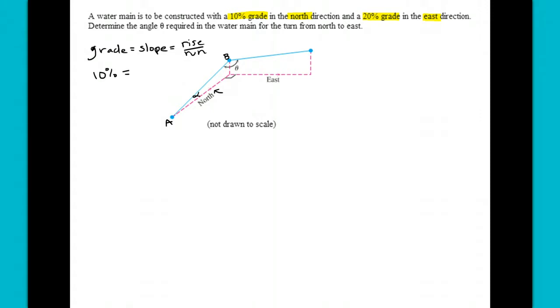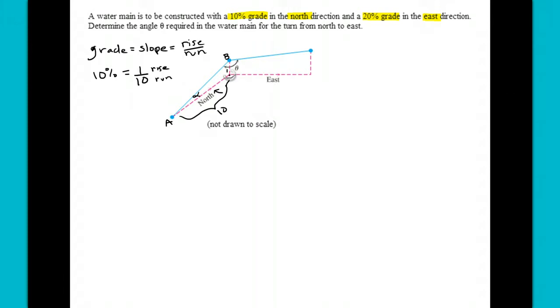We need the fraction version of it because we can then think about it as rise over run. So we convert that to a fraction, we get 1/10. So the rise should be 1 while the run should be 10. So this distance here along the north is 10 and the distance upward here is 1.